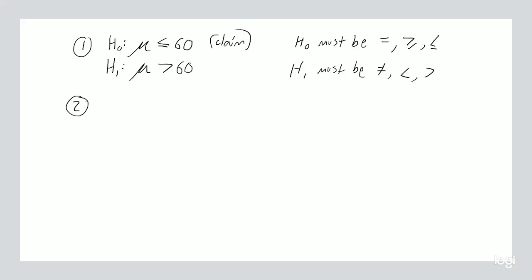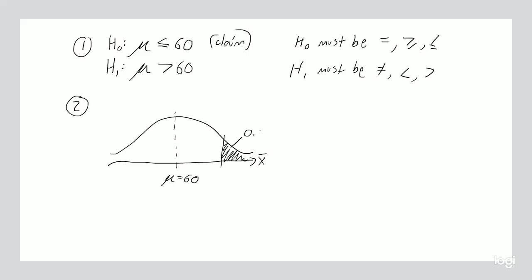Step 2, we determine our critical values. So if we look at our distribution of sample means, where we're assuming that the middle is mu equals 60, what would reject our null hypothesis? Well, that's a value too big. Okay? How big is big enough?